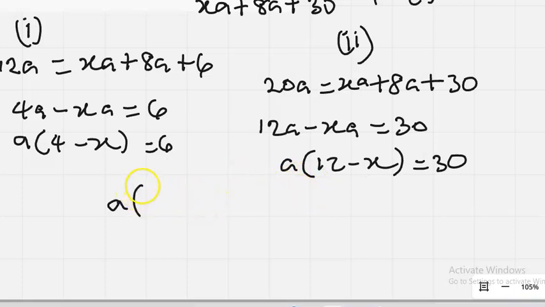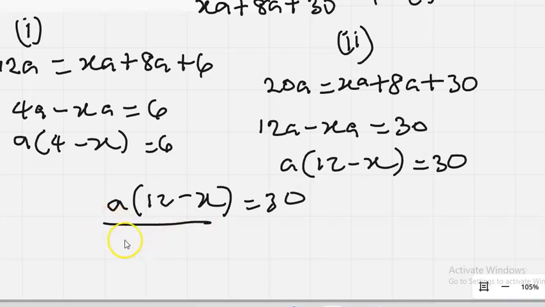So that becomes A(12 minus X) over A(4 minus X) equals 30 over 6. A cancels A. Now 30 over 6 is 5.